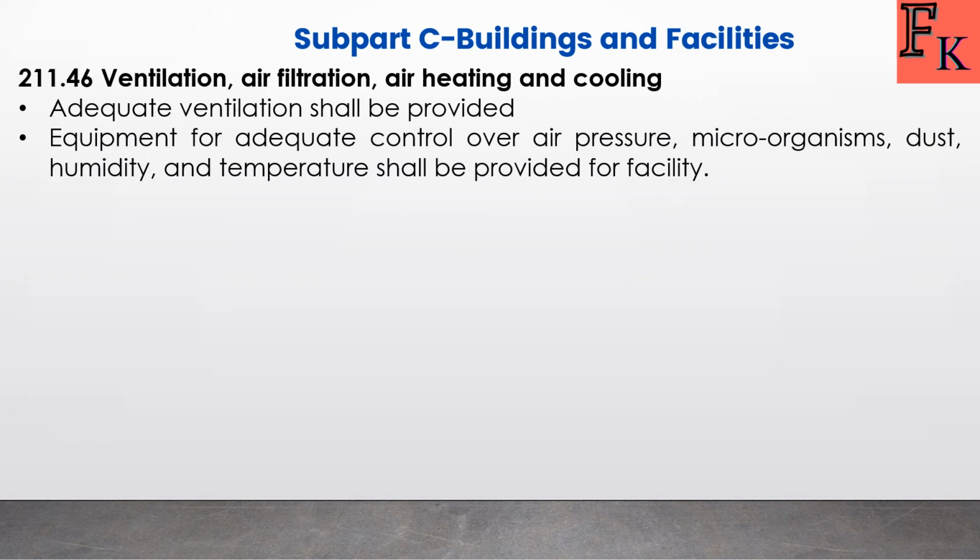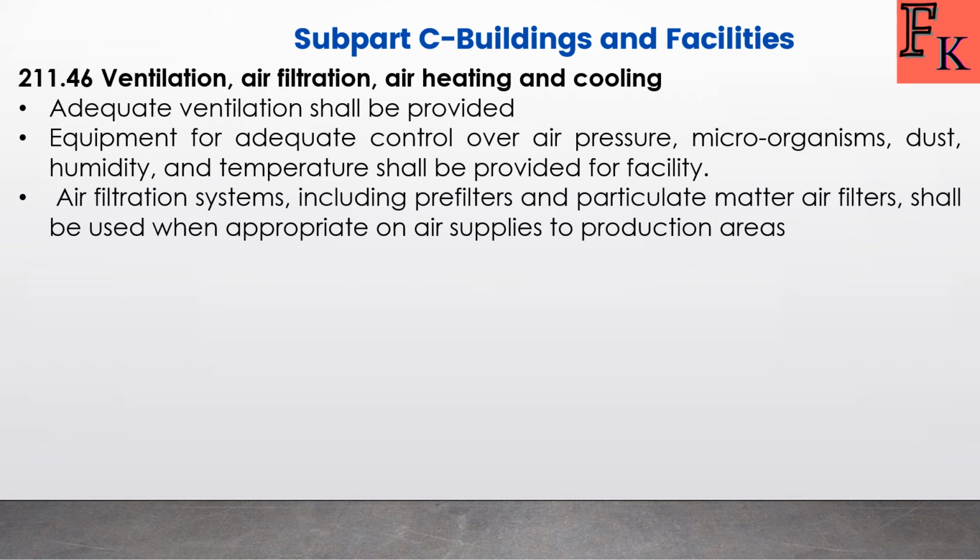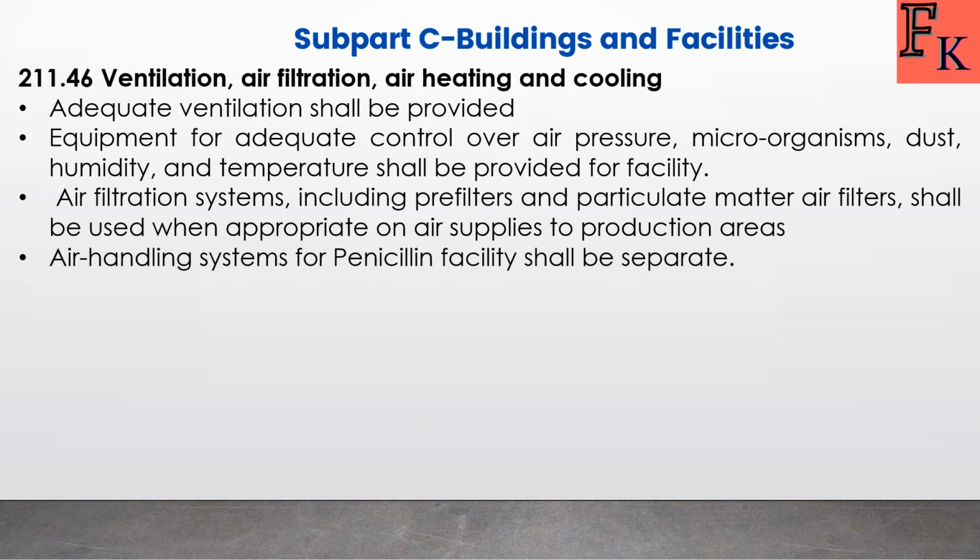Equipment for adequate control over air pressure, microorganisms, dust, humidity and temperature shall be provided for the facility. Air filtration systems, including pre-filters and particulate matter air filters, shall be used when appropriate on air supplies to the production areas. Air handling systems for penicillin facility shall be separate.